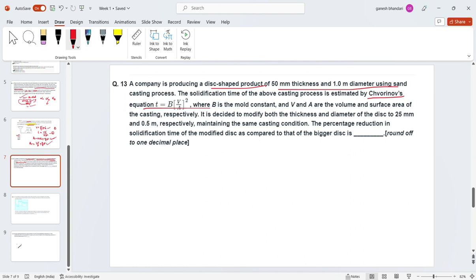Then similarly you will do the same for the second case, after making the change: it is decided to modify both the thickness and diameter of the disc to 25 mm and 0.5 mm. So just change those and solve it, then find the ratio, or else directly calculate the percentage change or difference.